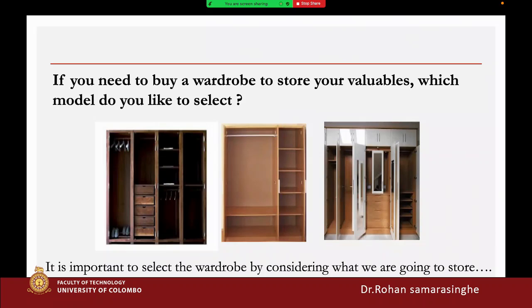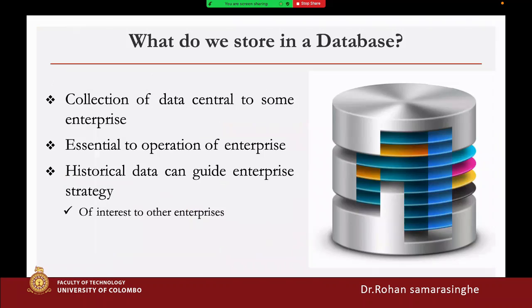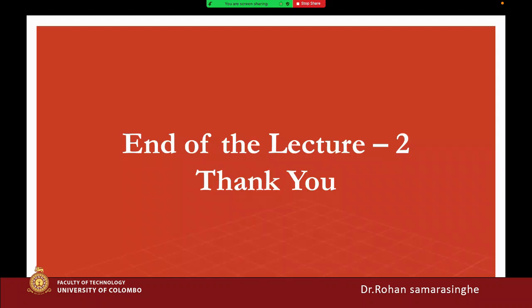So according to the data that you are going to store, you can select the database. For example, banks and financial institutes are not using the MySQL database. They always go to commercial versions and highly sophisticated databases like Oracle and others.